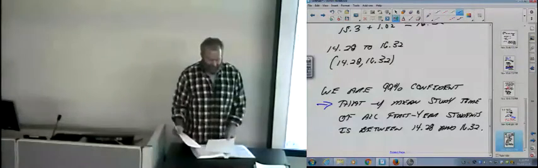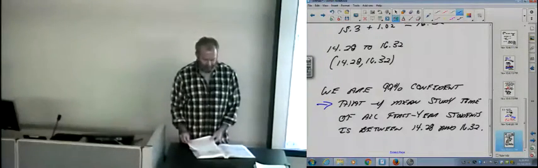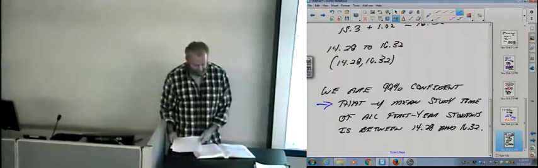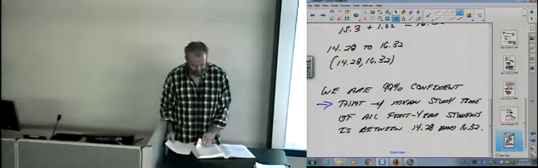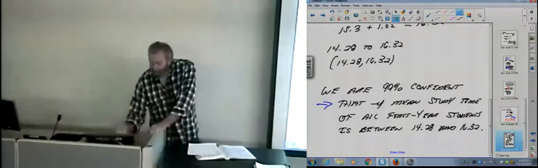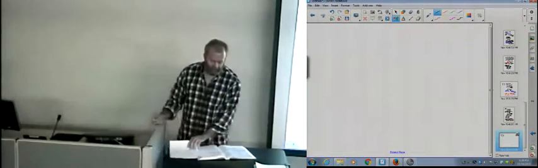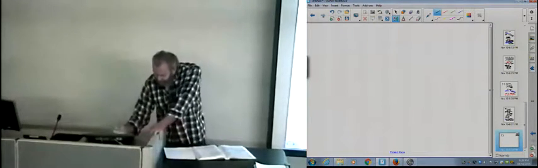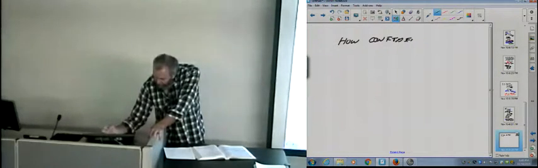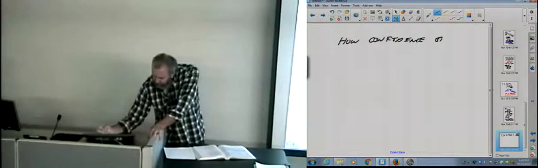Now, to me, the last thing that's in this chapter is the following. The book always wants to talk about how confidence intervals behave.